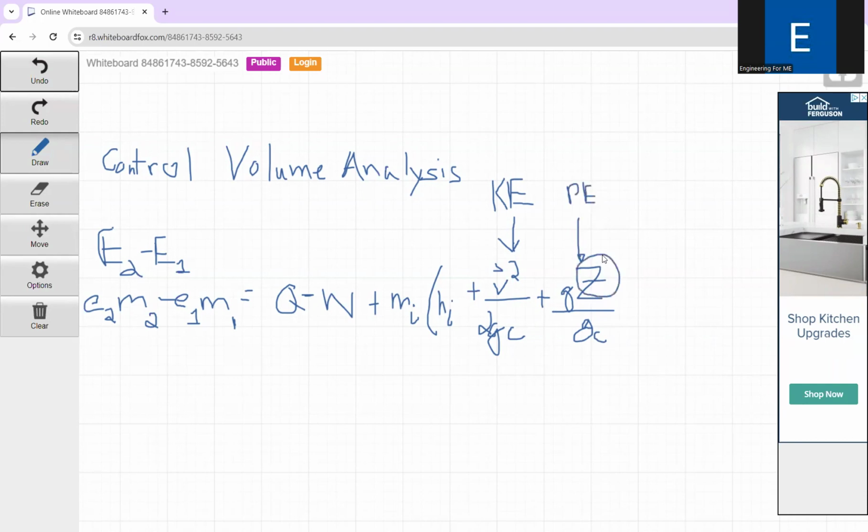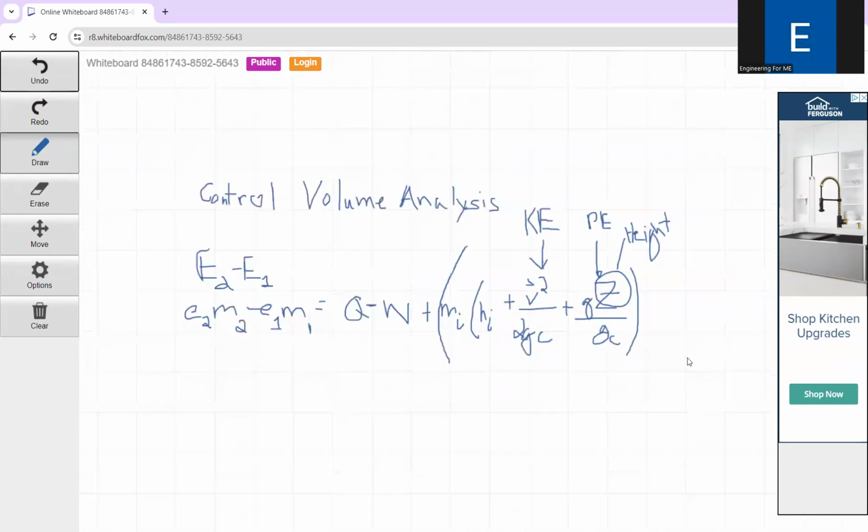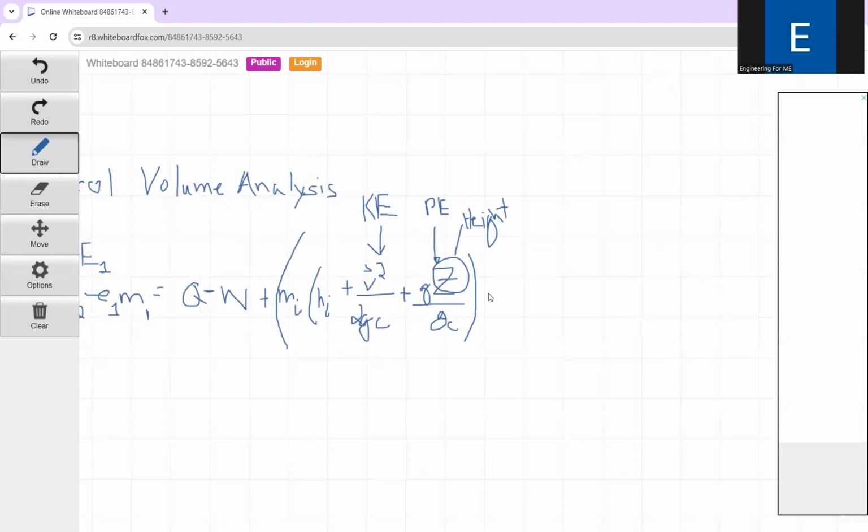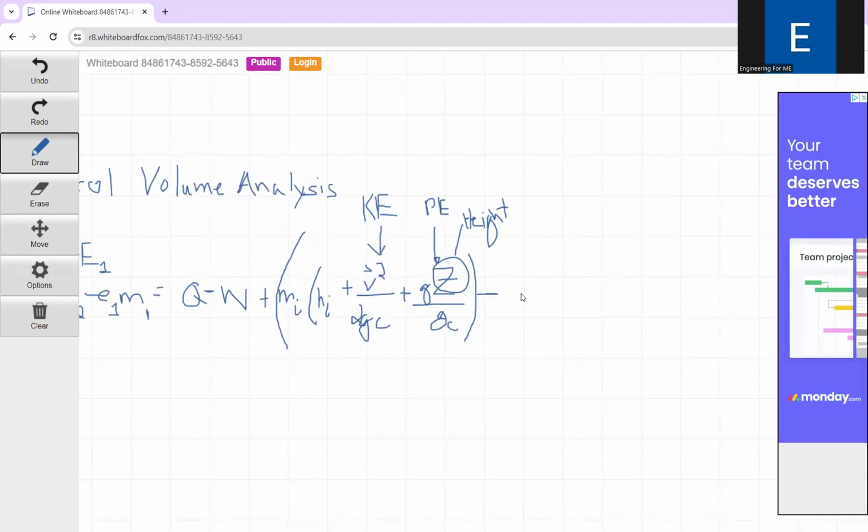The C is also height. It's going to be our height. And then the way I like to look at it is this is kind of its own thing in comparison to the entirety of the formula. So this is M out, which is equivalent to this.